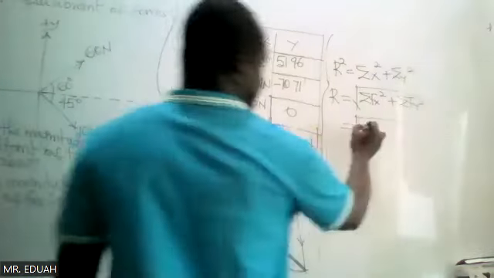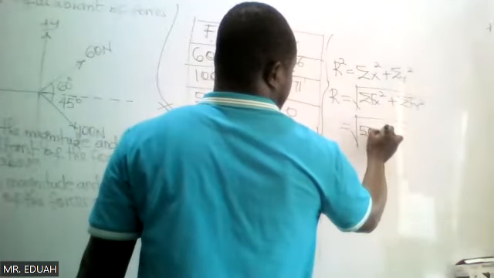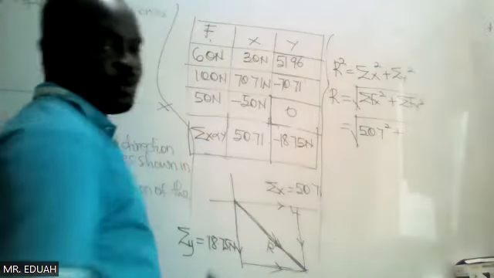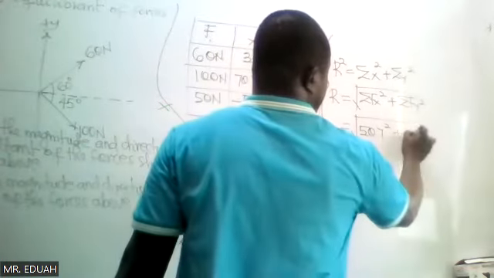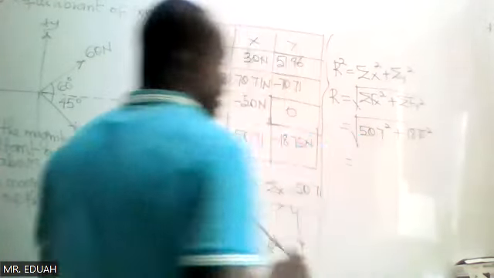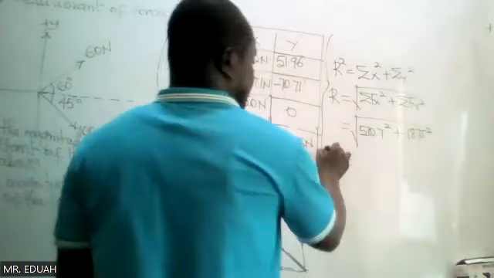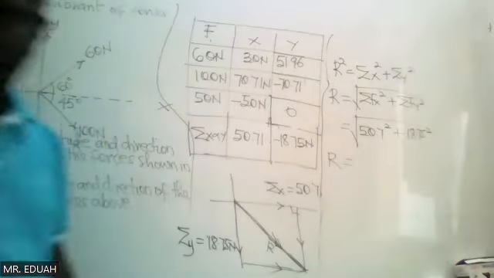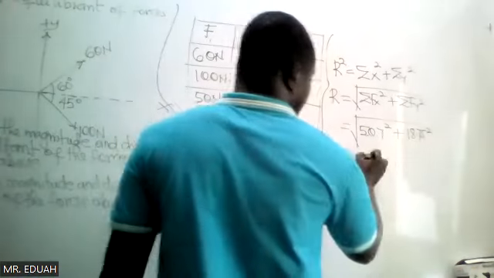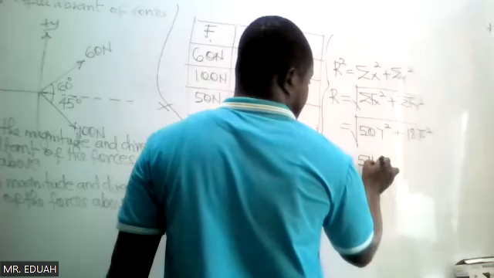Fx 50.7 squared plus 18.75 squared. Is that the final answer? 54.1.